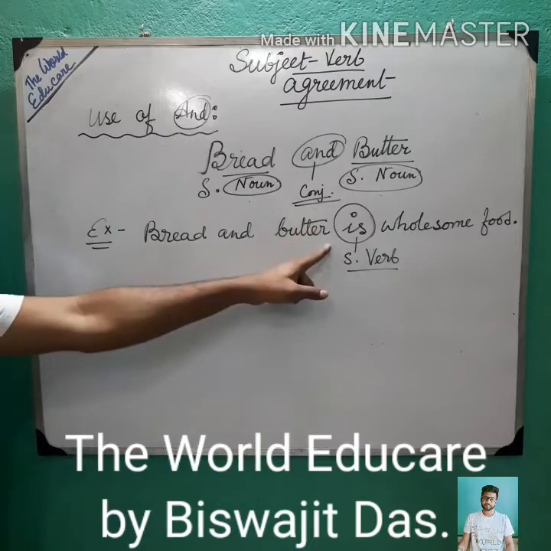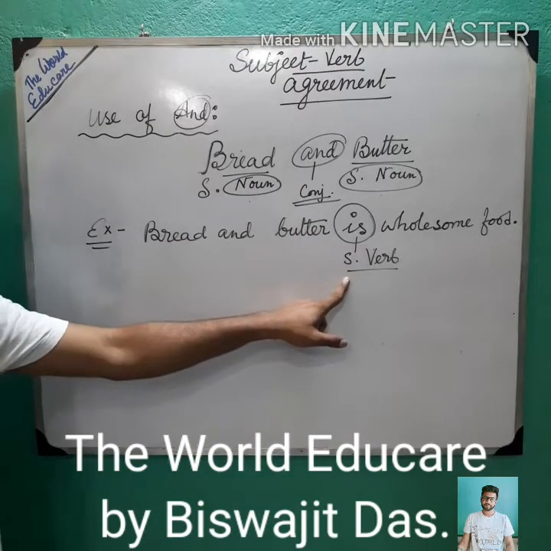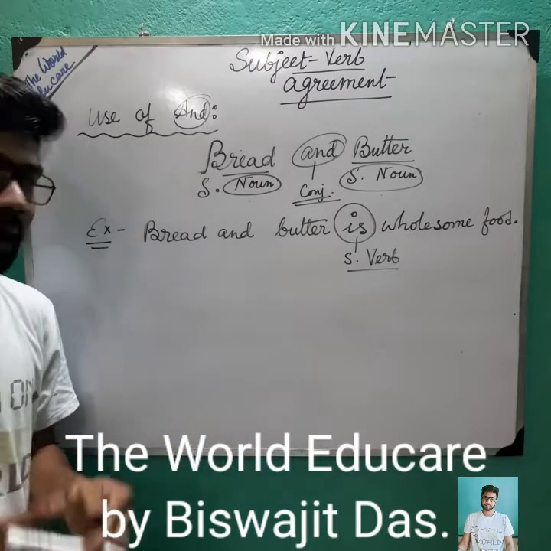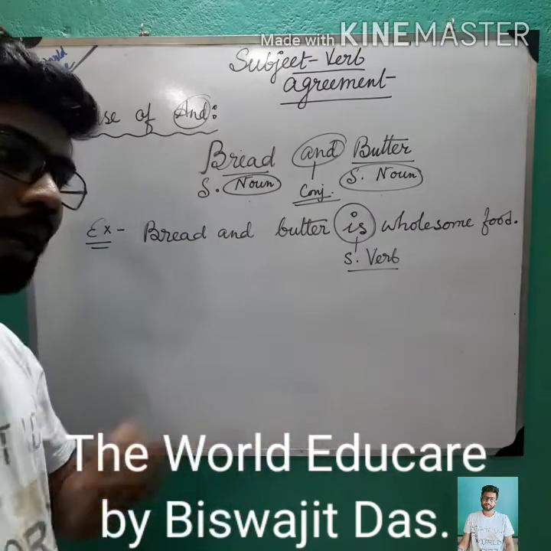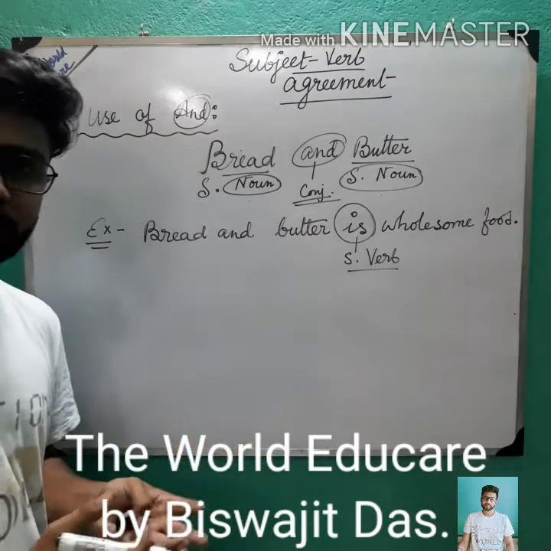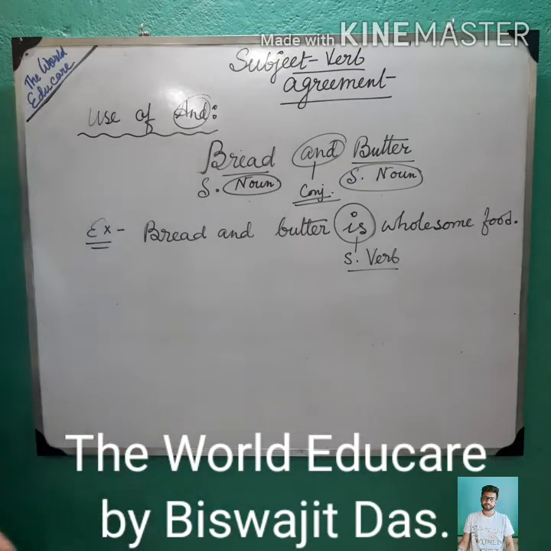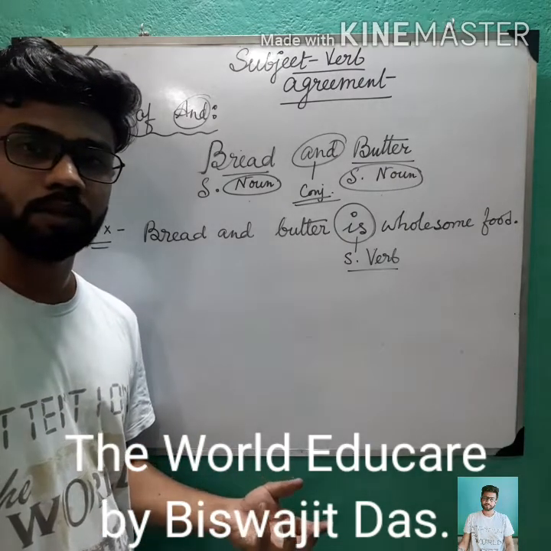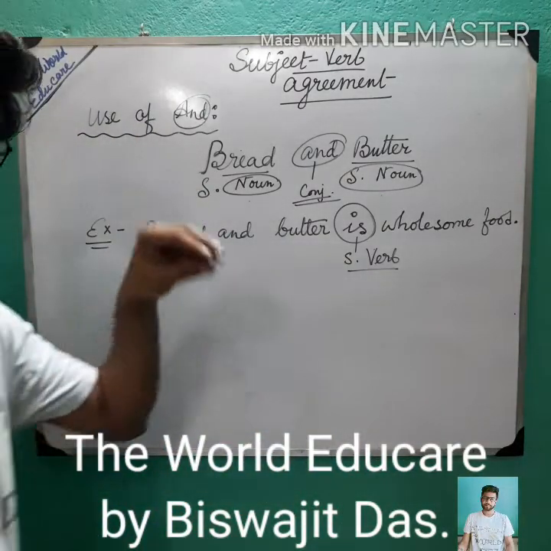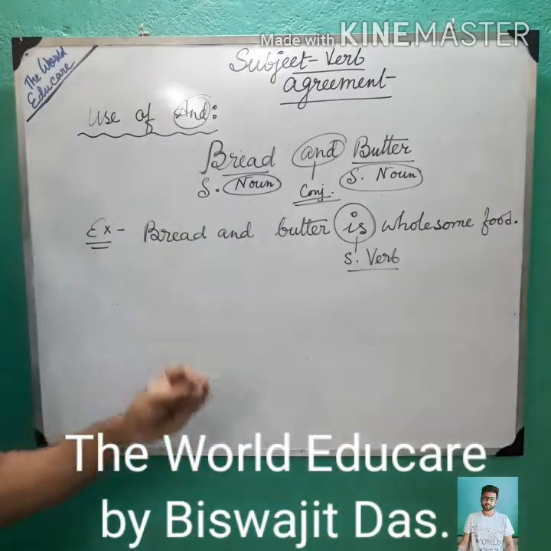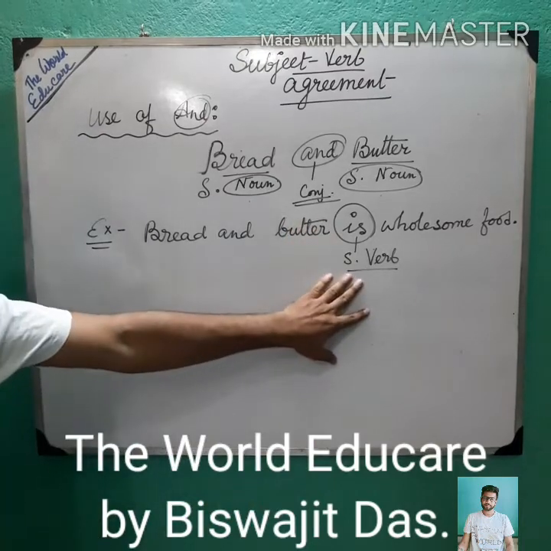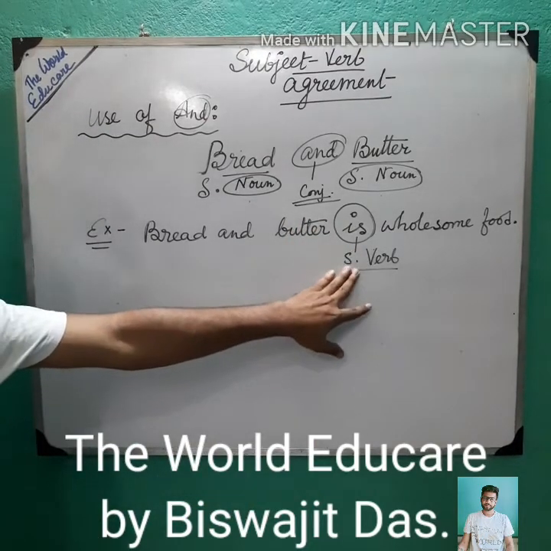Bread and butter we eat together, and it is a food which we actually digest together. It's a single dish. When it gives us a single sense, the singleness, then we have to use a singular verb. If the words are joined with a conjunction but still denote a single, singular sense, then a singular verb must be used.